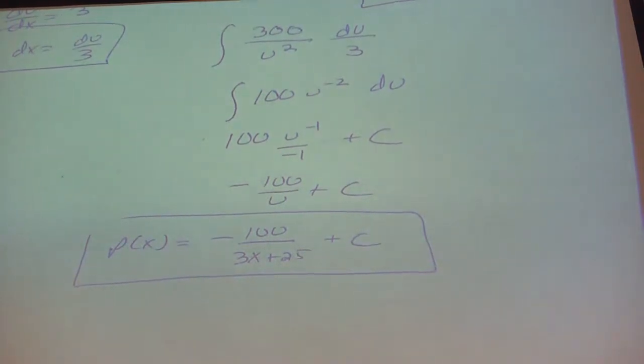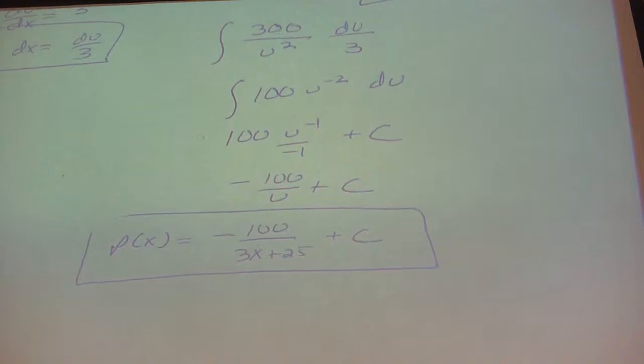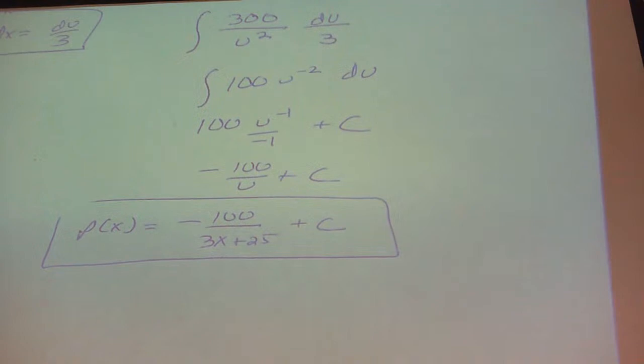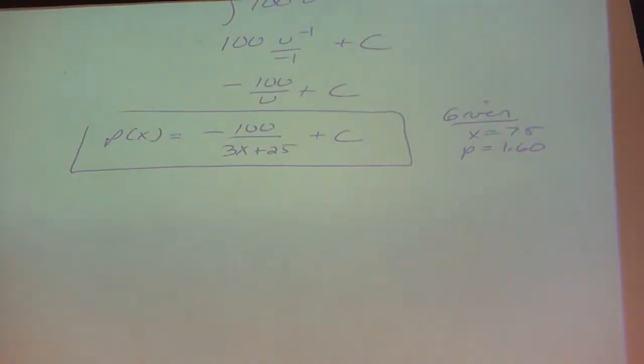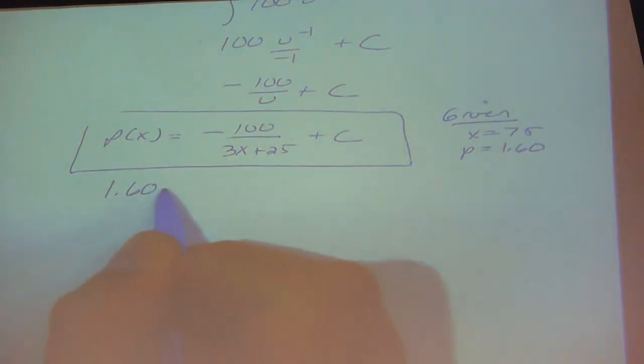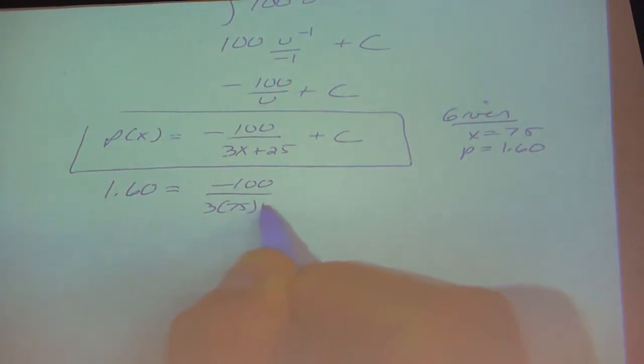So let's stop and make sure we did the u substitution correctly. Did we do the u substitution correctly? Again, because it's easier, sometimes we get lost. Now, in order to figure out what c is, we have to be given something. We are. We're given that the price is $1.60 when x, which is supply, is 75.